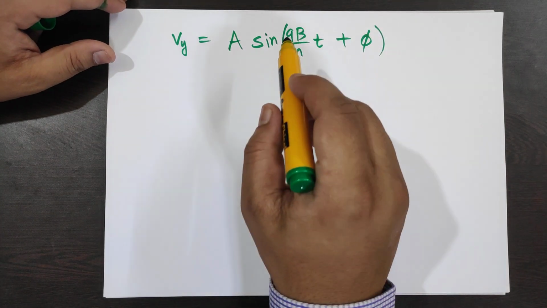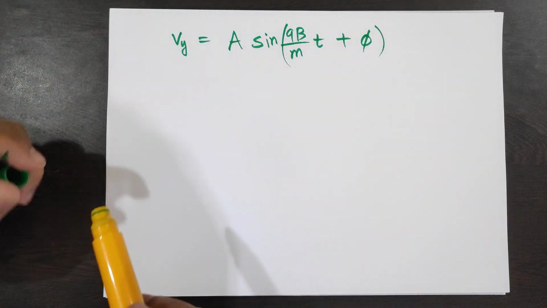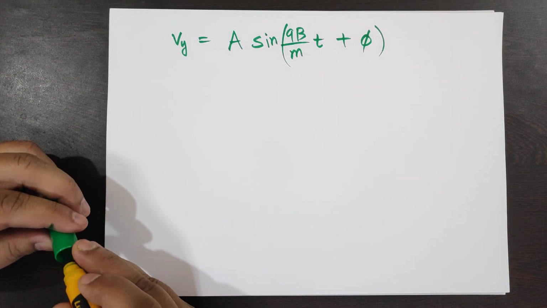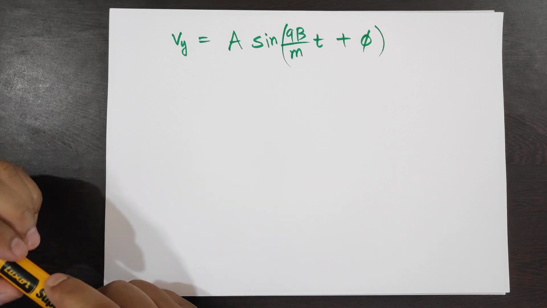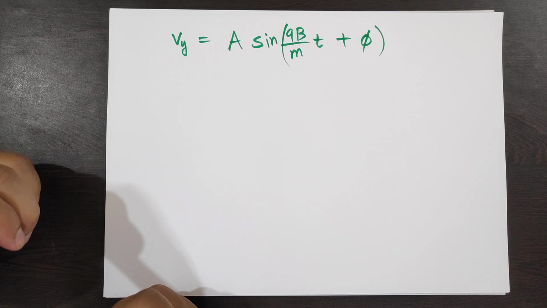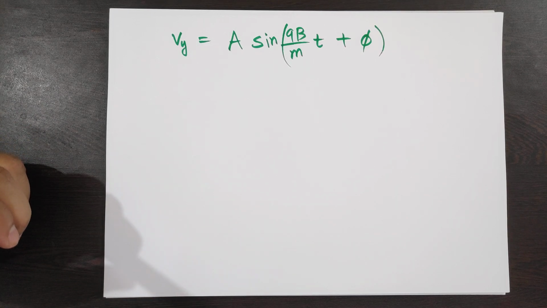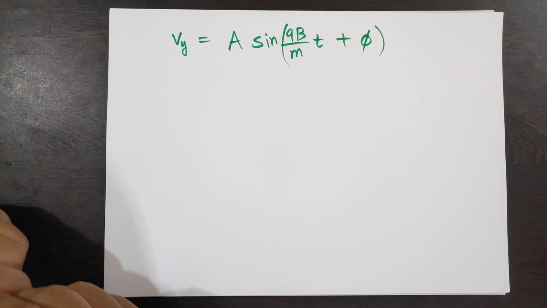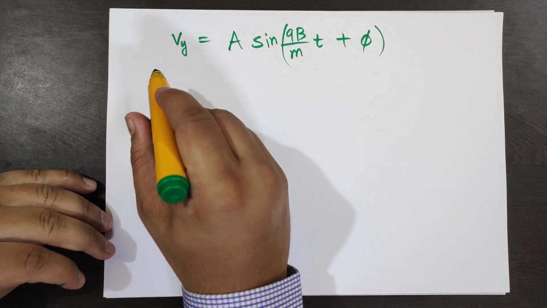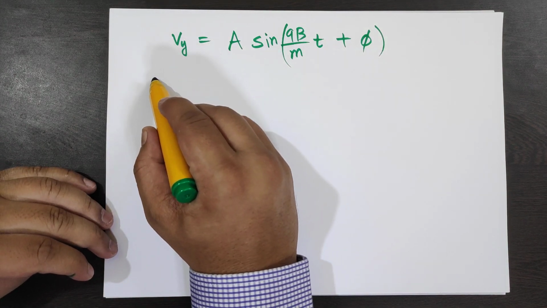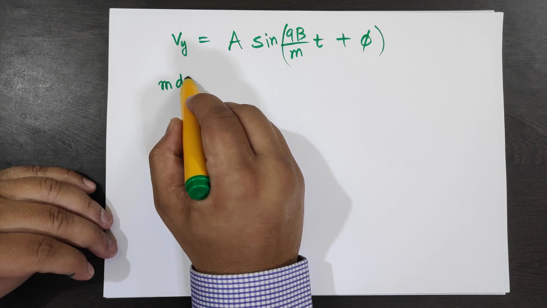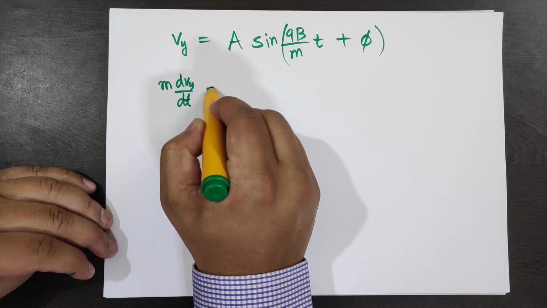So this is a basic equation of Vy, and now we have to substitute the boundary conditions, right? If this is Vy, then we know that dVy/dt is how much?